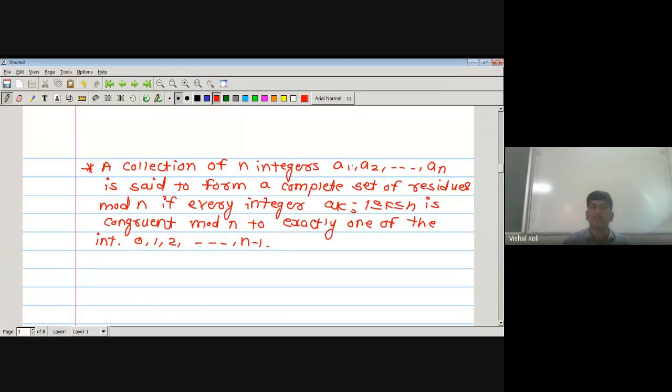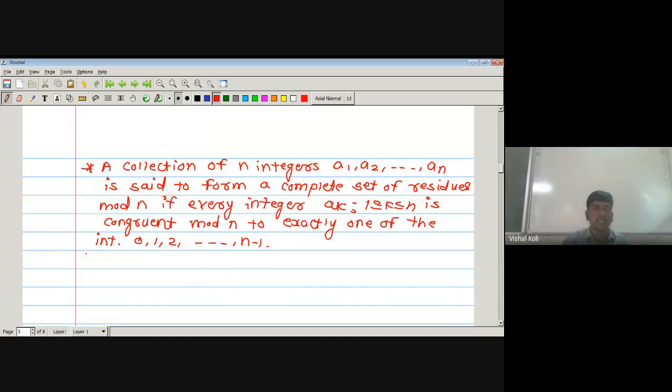Suppose a1 is congruent to 0 modulo n, a2 is congruent to 2 modulo n, a3 is congruent to 1 modulo n, and so on. Here we have to check whether each integer is congruent to a different remainder. If each of these n integers is congruent to a different remainder, then we say that this set of n integers forms a complete set of residues modulo n.